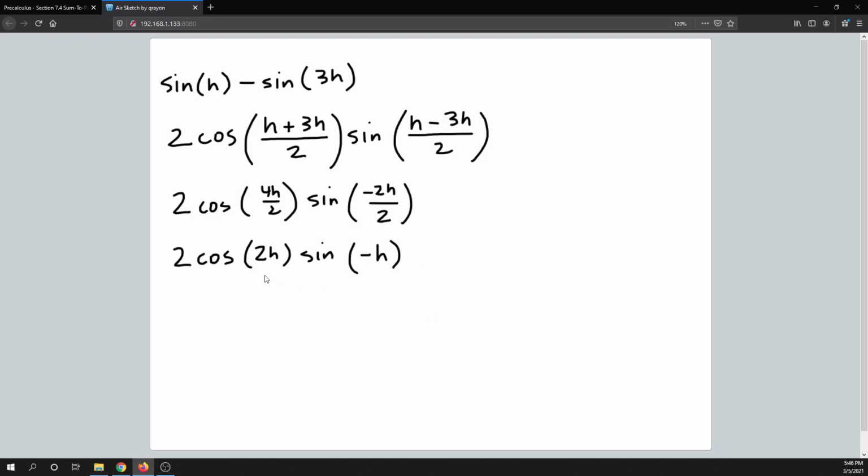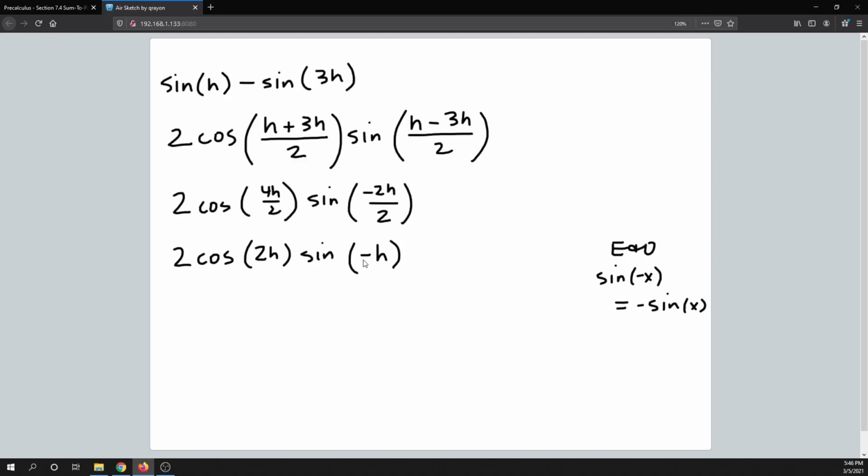All right, and so we've reduced this down pretty well, but on the answer choices they probably will not leave that minus h in there. And so what you need to do is to use the even and odd identity for sine. The even and odd identity for sine says that sine of minus x equals minus sine x.